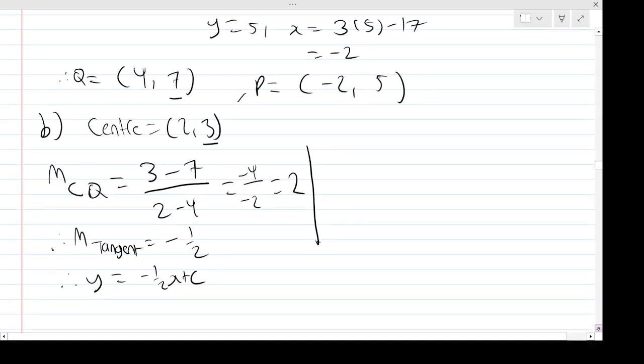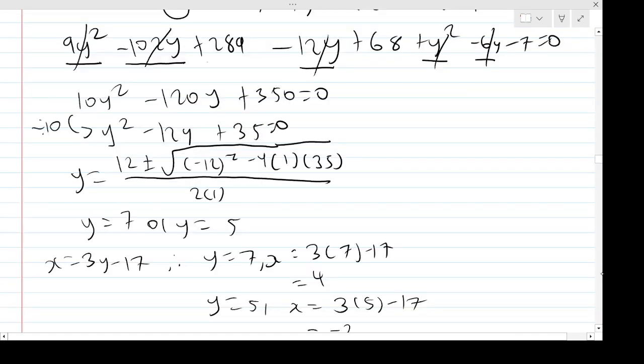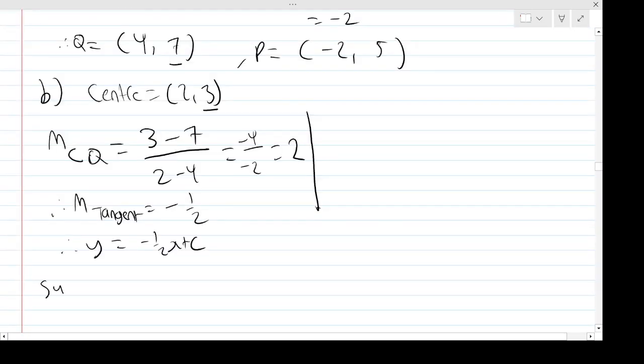But then we need to find the point on the tangent at Q here. So I'm working out this tangent here on the right. Well, we need a point on the tangent, but we know Q is on the tangent, right? Therefore, if I substitute the point Q in, so Q is 4, 7, y would be 7.